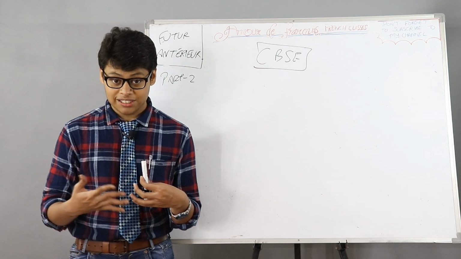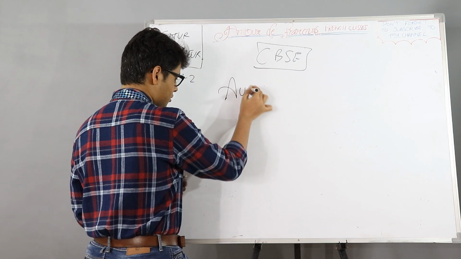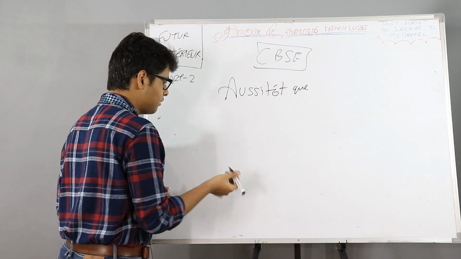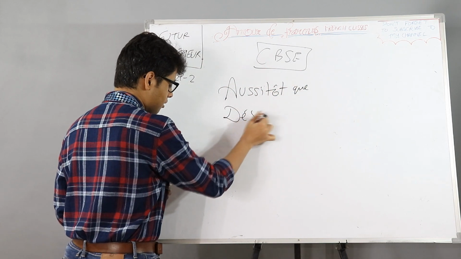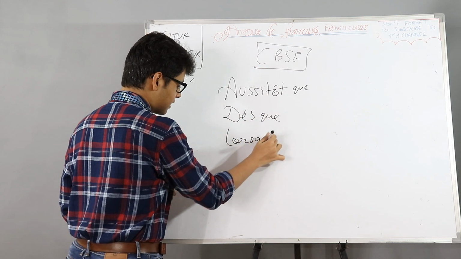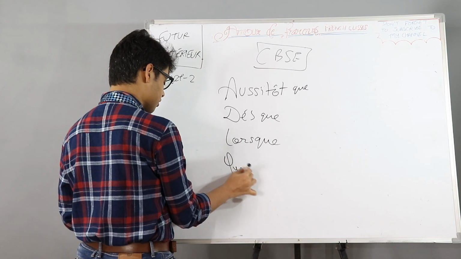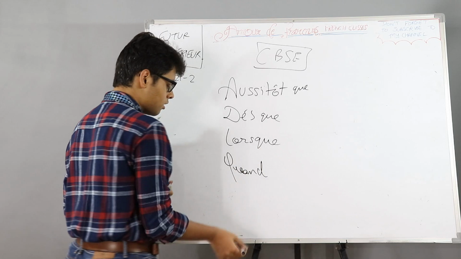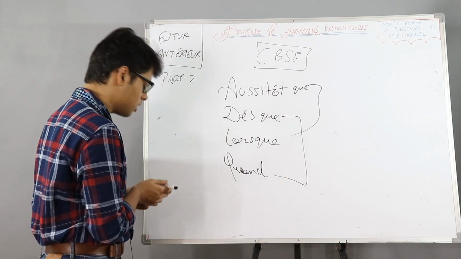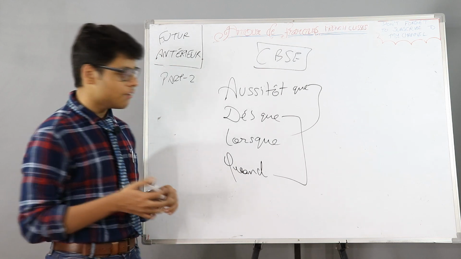The same 4 words will help us out right here, which are aussitôt que, as soon as, dès que, when, lorsque, again as soon as, and quand is when. These both are when and these both are as soon as. Aussitôt que, dès que, lorsque, quand. These 4 words.